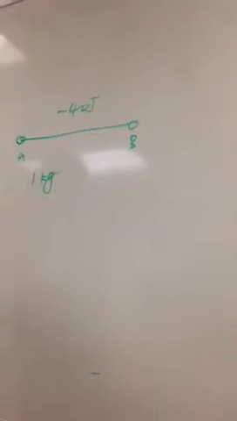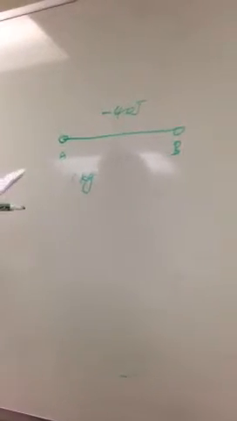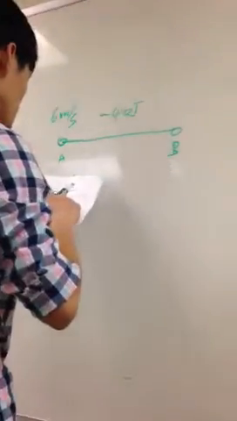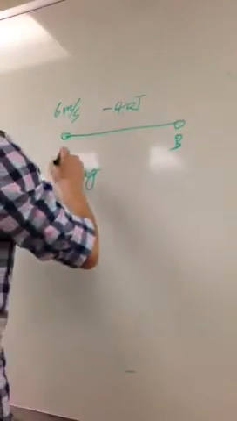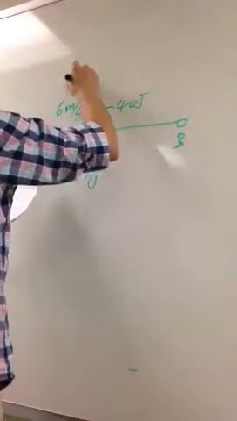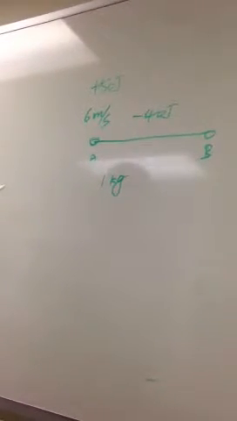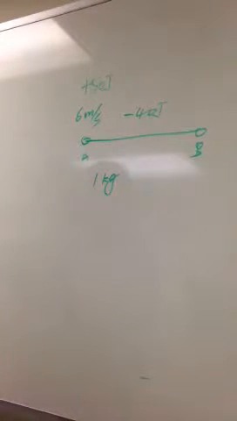At point A, the speed of the particle is 6 meters per second, and the potential energy associated with the force is 50. What is the potential energy at point B?